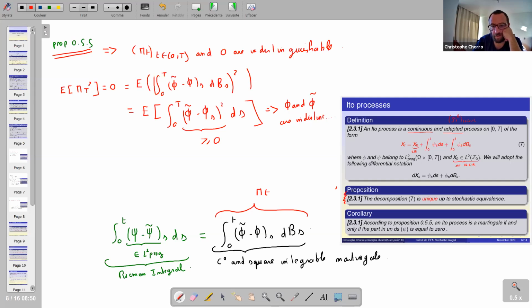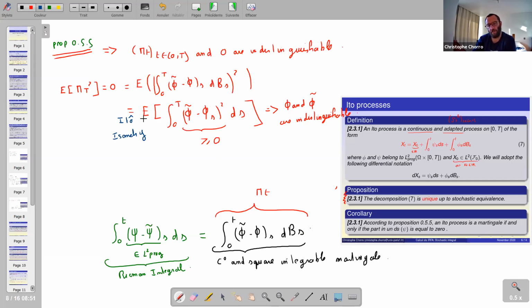Let's write it. So from proposition 0.5.5, MT is indistinguishable from 0, from which I deduce, using the Ito isometry, that this is equal to 0.